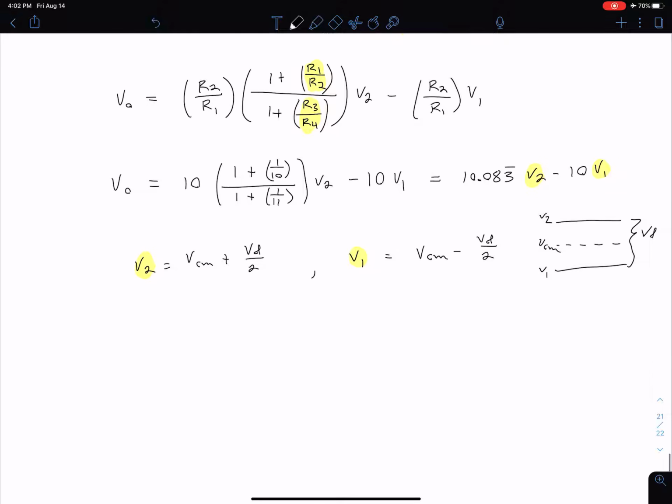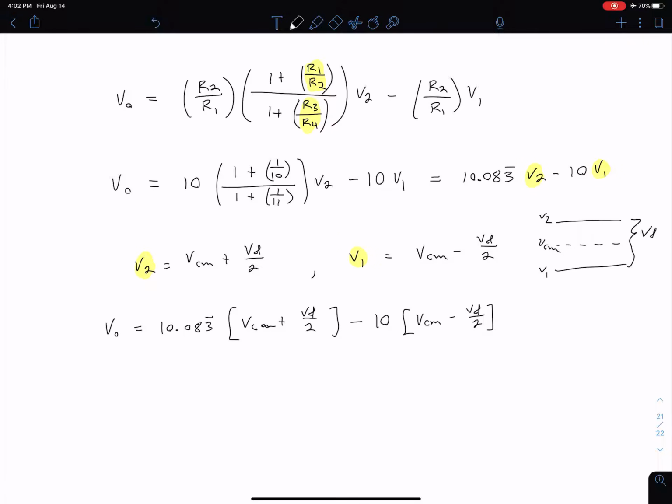Let me write out explicitly what that looks like: 10.083 repeating times V common mode plus VD over 2, minus 10 times V common mode minus VD over 2.